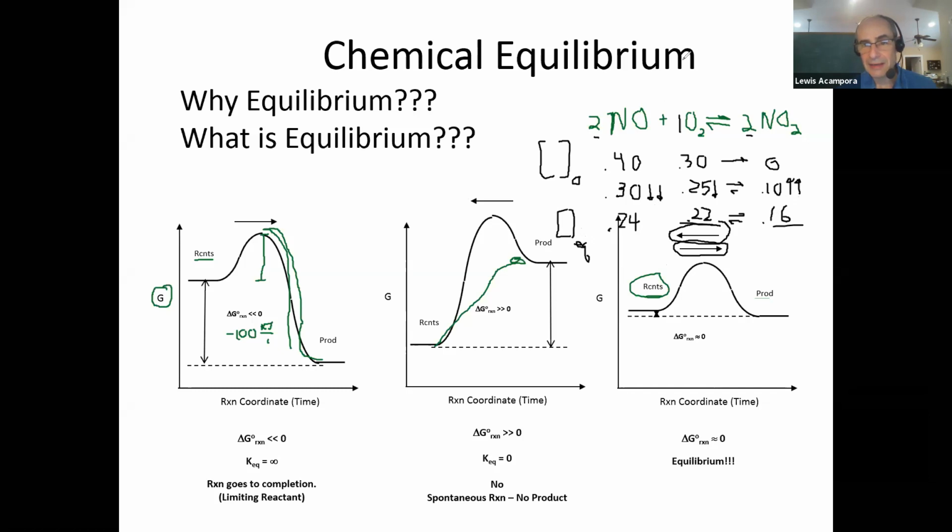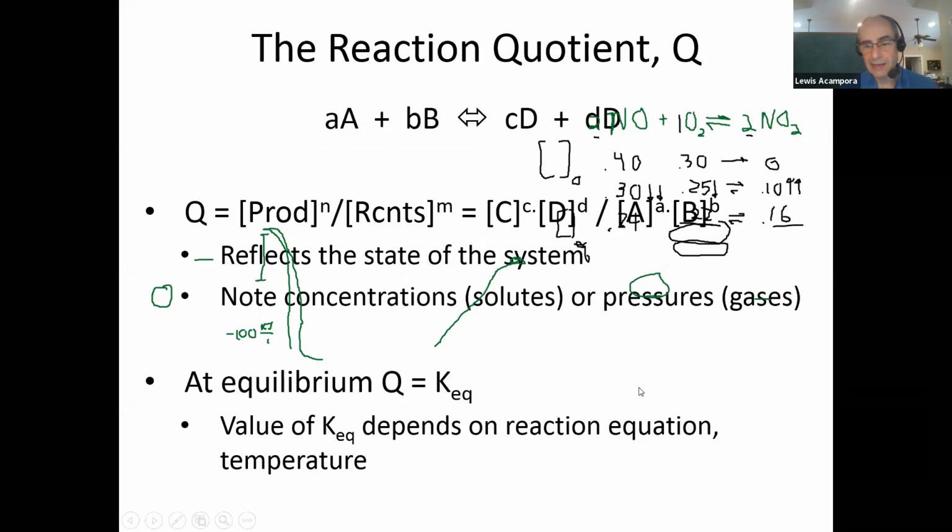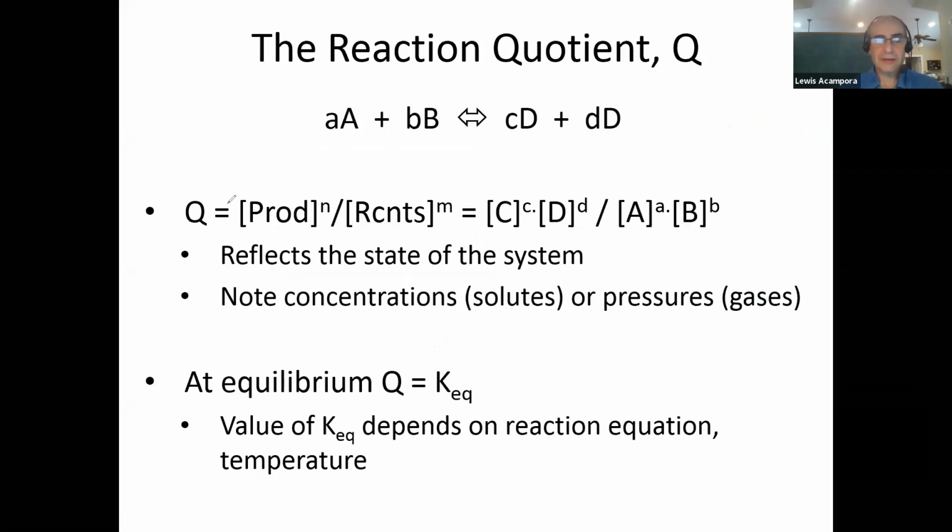I think I've got to annotate out of that, and then, whoops, there we go. And now I want to annotate again, so I'm going to clear that. So two quantities you need to be familiar with: how do we describe that situation? And I'm going to go ahead and put that back up here. 2NO plus O2 in equilibrium with 2NO2.